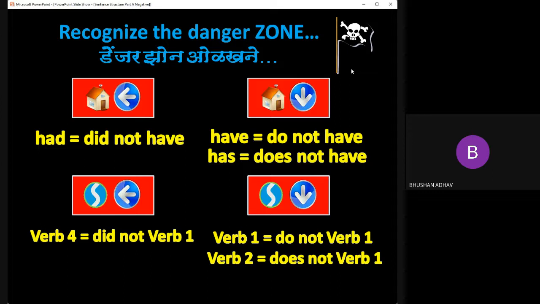Okay, just be on page number 55 because all sentences are danger zones over there. Page number 55. Are you on page number 55?